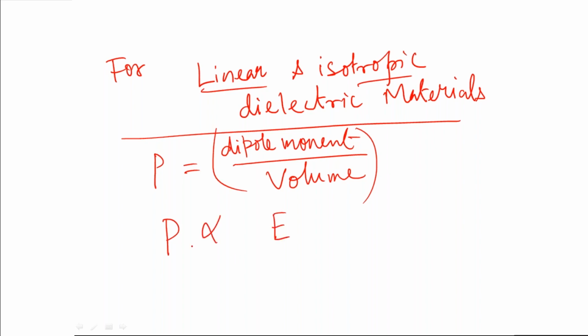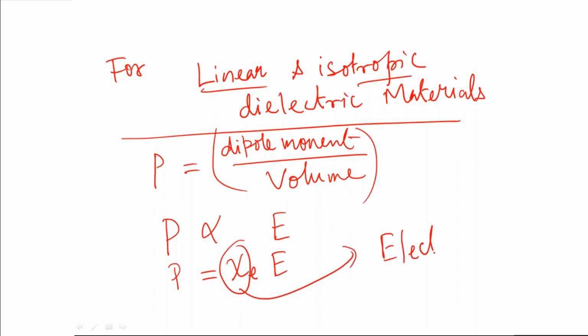If we remove the proportionality and write it as an equation, there will be a proportionality constant chi suffix e. This is called electric susceptibility. This depends on the material. Actually, this value differs from material to material. This is not a perfect constant, like it has a fixed value.